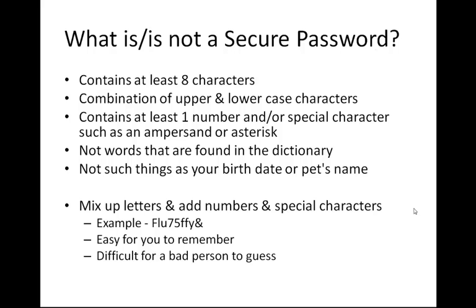I want you to consider this. You're out on Facebook, you're writing about your cat Fluffy, and you have the year that you were born showing in your Facebook account. Now those are both things that I talk about in my Facebook setup guide as well, and I show you how to hide your birth year.